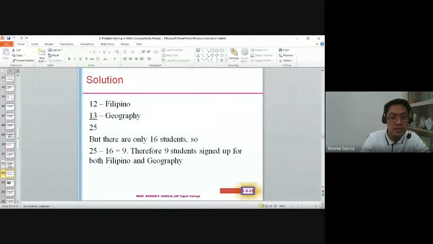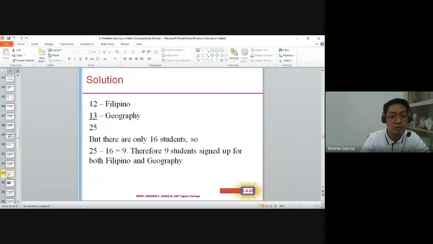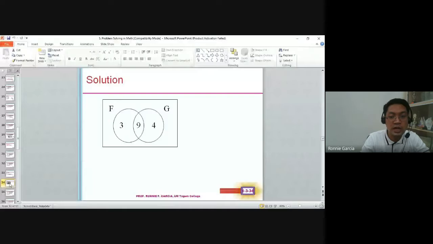How many students signed up for both Filipino and geography? 9 kabuok. Pero to answer the questions, how many signed up for Filipino only and how many signed up for geography only, atong i-minus na karon. According to the problem, 12 daw ang nag-sign up sa Filipino, then 13 sa geography. Kung naay 9 nga nagdoble-doble, i-minus nato dito, 12 minus 9.